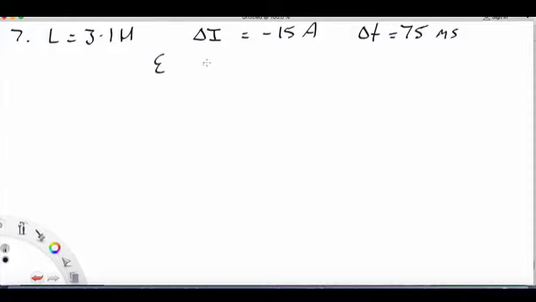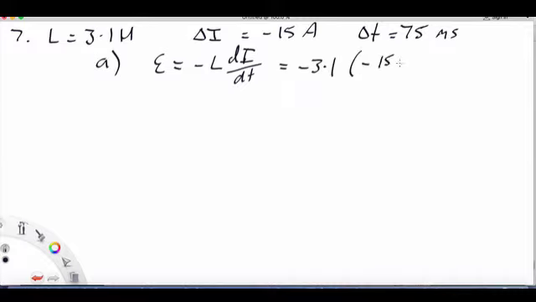Now, the EMF is part A, so EMF is going to be minus L di dt, and that will be minus 3.1 times the change in current, which is minus 15, over 75 by 10 to the minus 3.